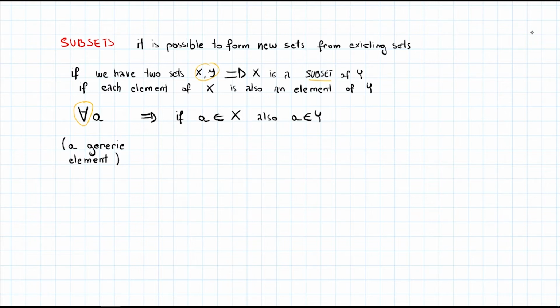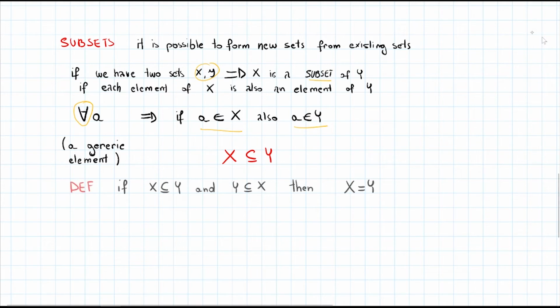If A is an element of X, if A belongs to X, then A also belongs to Y. If this holds, then we can write that X is a subset of Y.